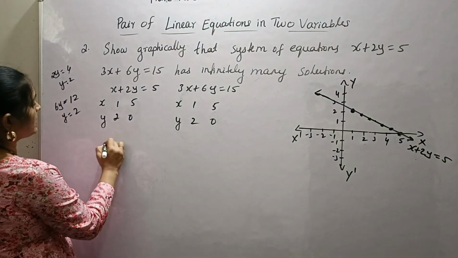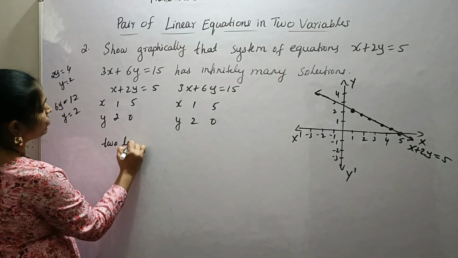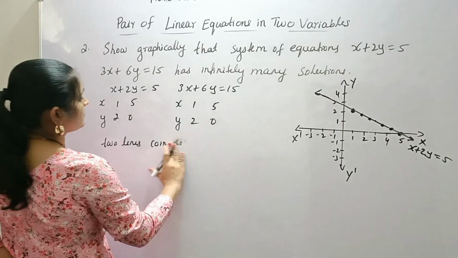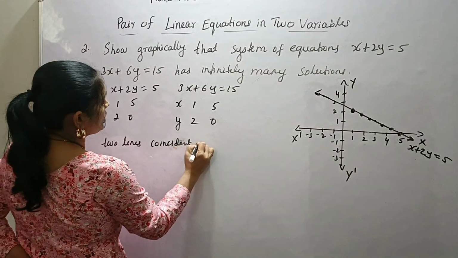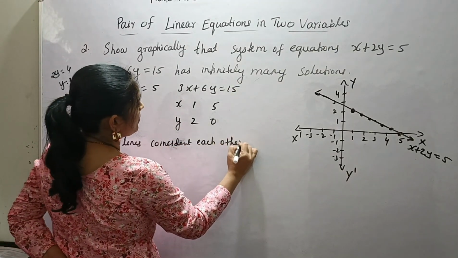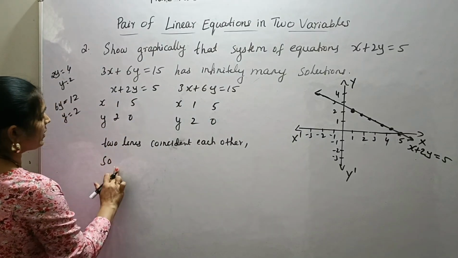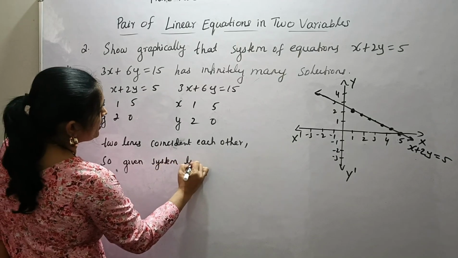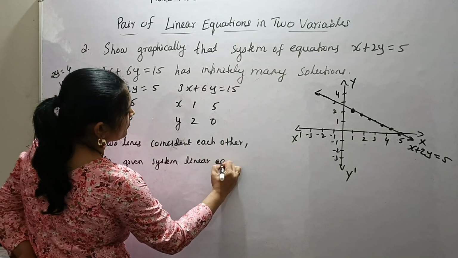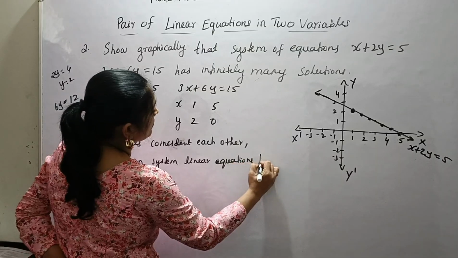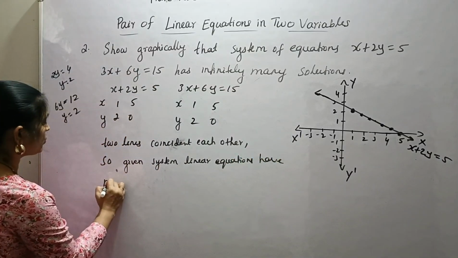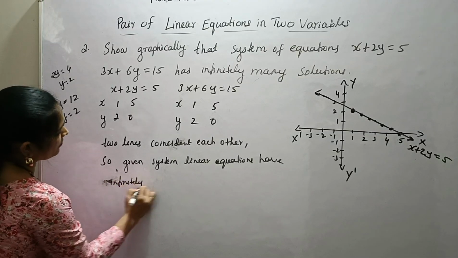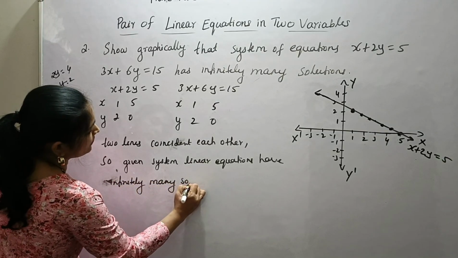Two lines coincide with each other. So, the given system of linear equations has infinitely many solutions.